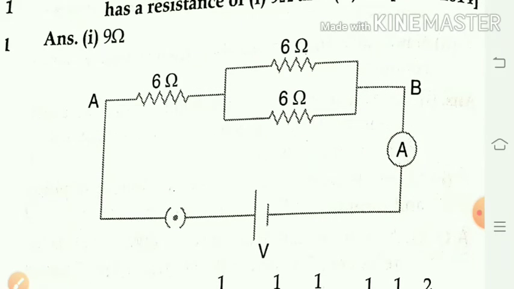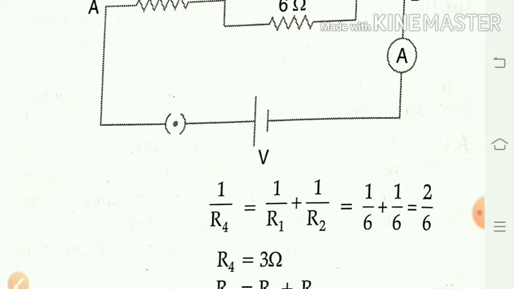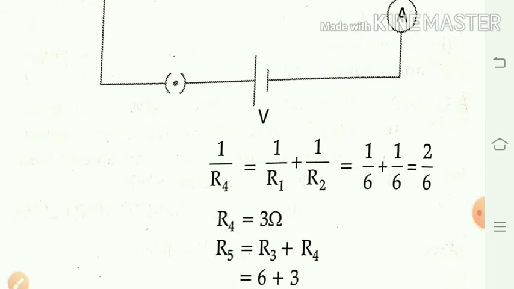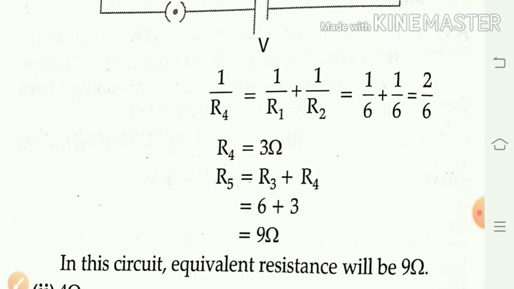Here, you can see that if we connect one 6 ohm resistance in series and the other two in parallel combination, then we will try to solve this. For the resultant resistance, 1 upon R4 is equal to 1 upon R1 plus 1 upon R2. So we are getting the value of R4 as 3 ohm.